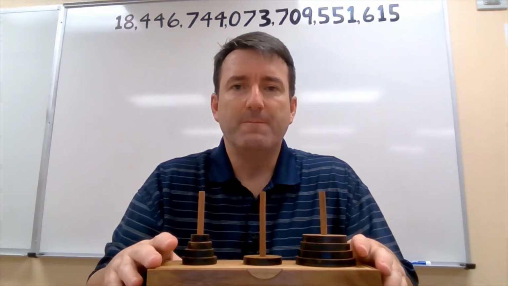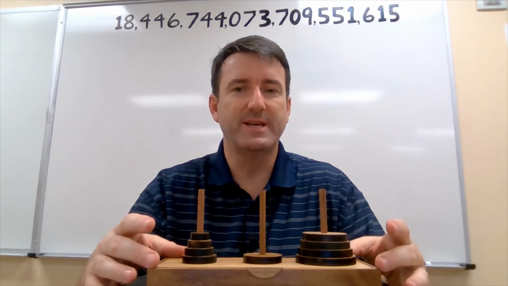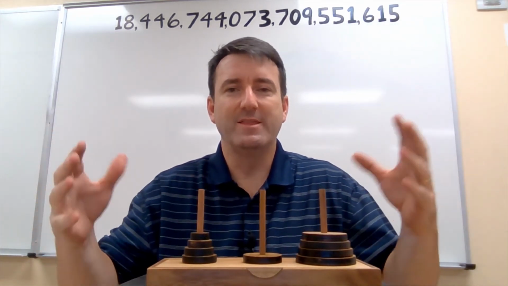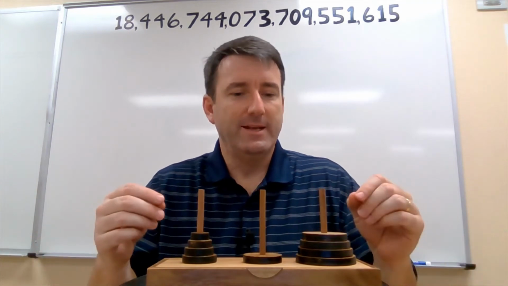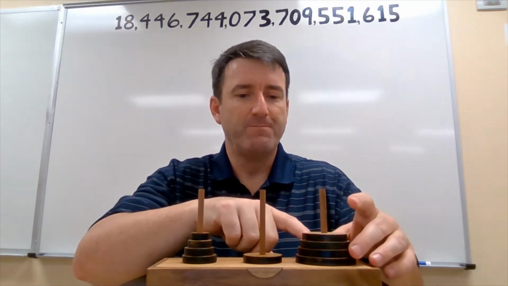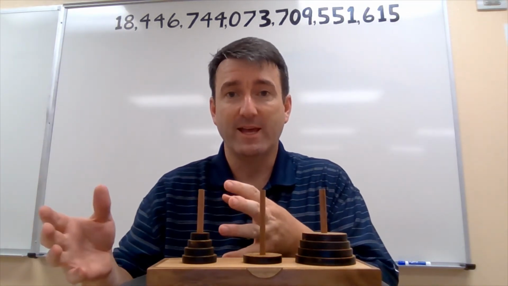Now, the legend is that a similar setup to this was put in place inside the great temple at the beginning of the world. And the temple priests work night and day to move these discs over to another peg.